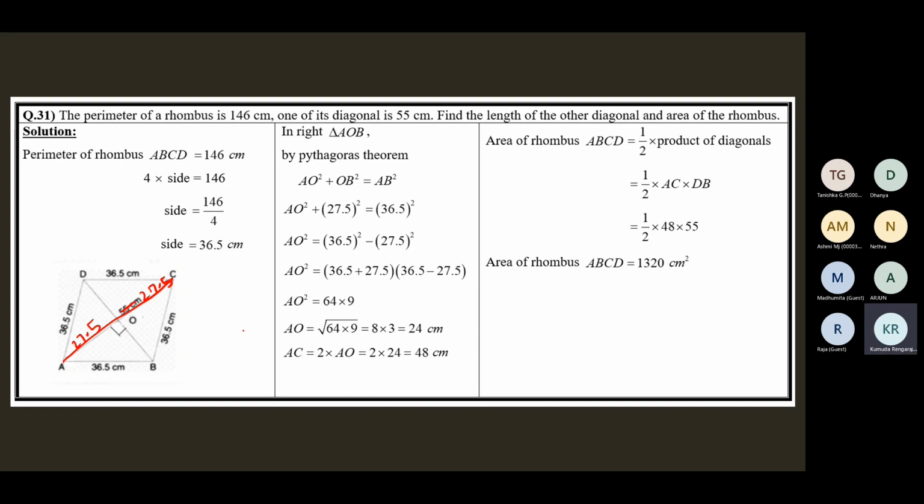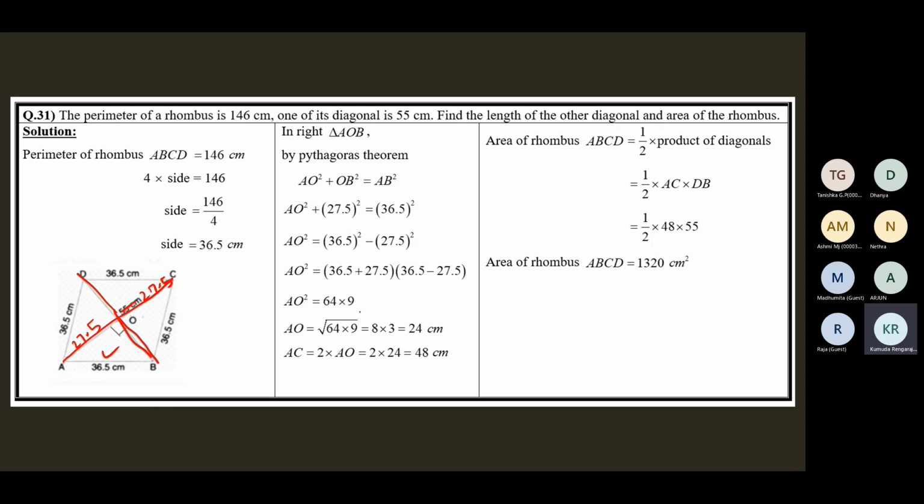Sides given, meaning perimeter is given, so we found the sides 36.5. Now using this right triangle and Pythagoras theorem, you can find OB. Once you find OB, double it to get OD, and that way you can find the other diagonal BD.